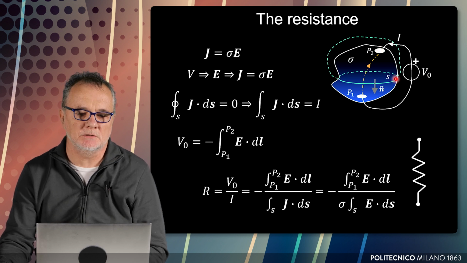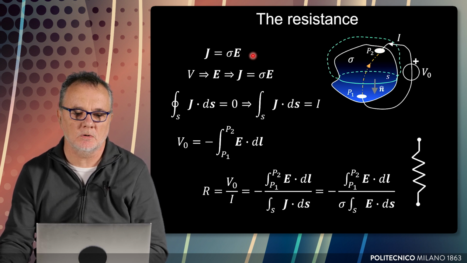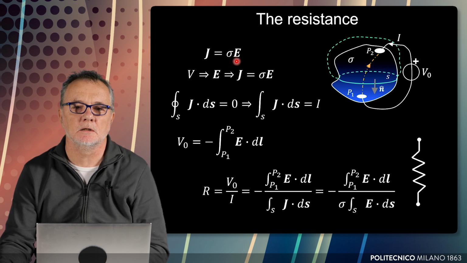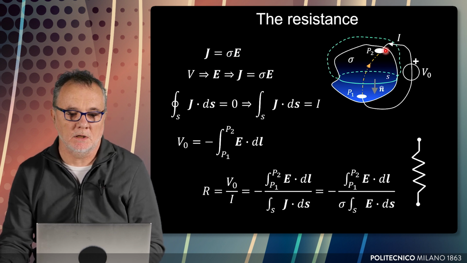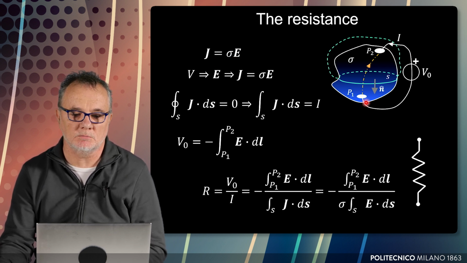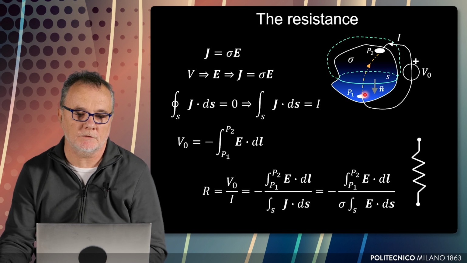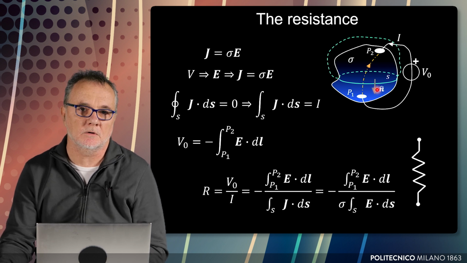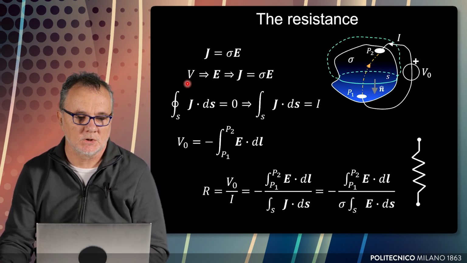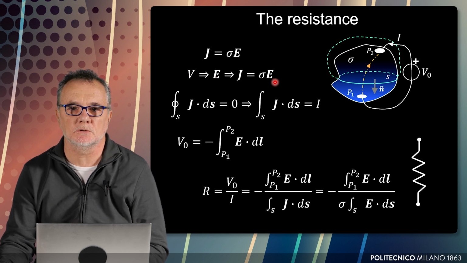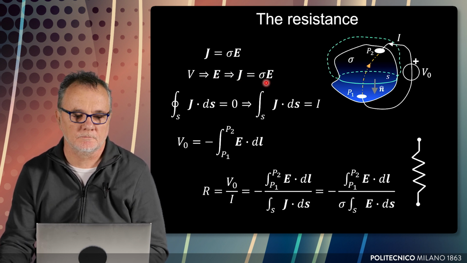We know that inside the material there is a relationship, Ohm's law, between current density and electric field. So upon application of a voltage difference between these two electrodes, we have an electric field inside, and therefore a current distribution. So V produces E produces J, which is proportional to E by the conductivity.